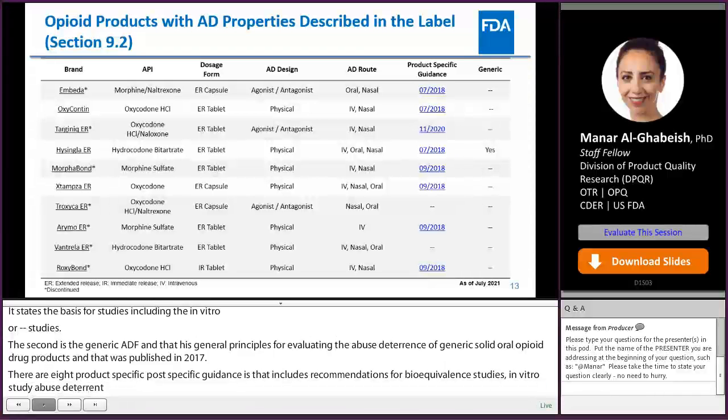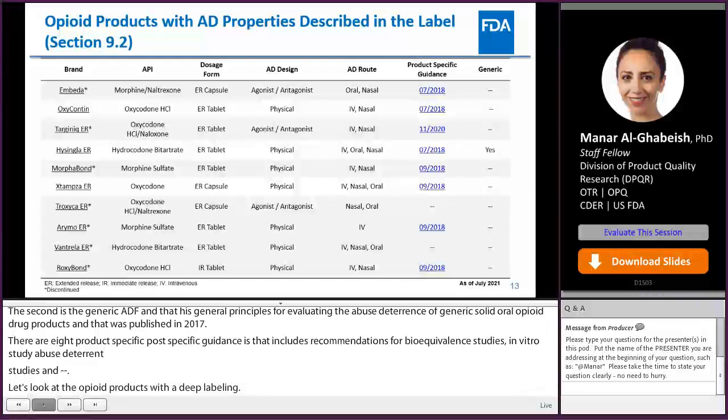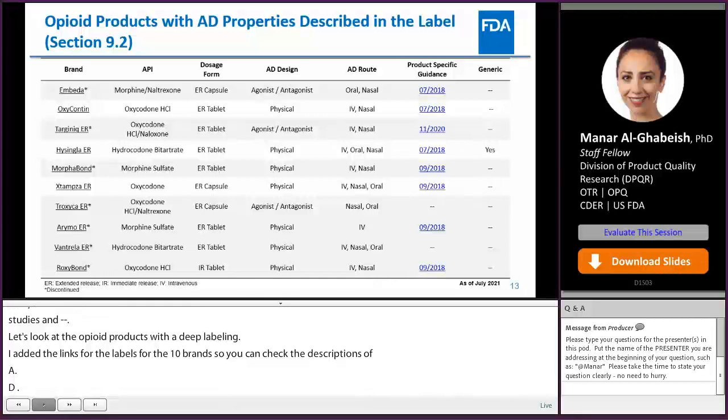The AD description can be found in section 9.2 of the label. I added the links for the labels for the 10 brands, so you can check the description of AD designs, studies, and routes that these products are intended to deter the abuse from. Also, I added the links for the current PSGs for these products. There is only one approved generic, and hopefully soon we'll see more generics.